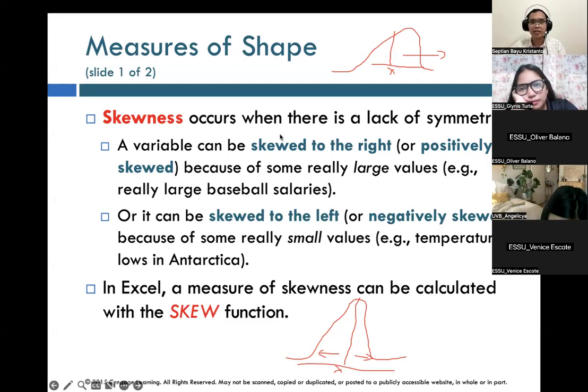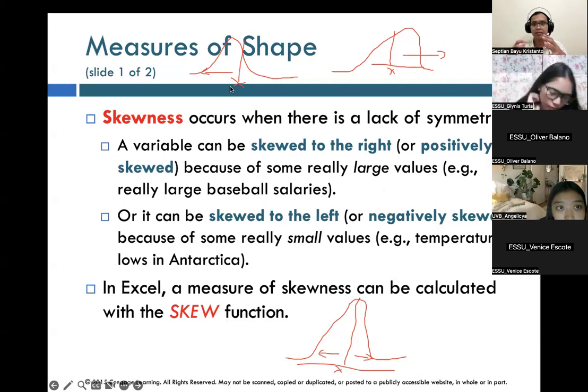For the other one, we have the left skew. That means if you have the average, your data contains numbers mostly below the average. So maybe in your class, let's say we have 100 students.